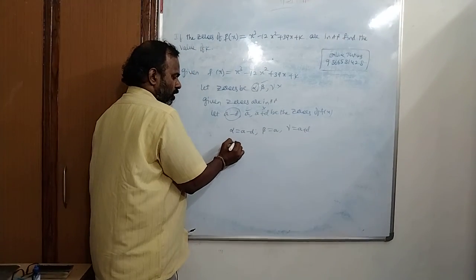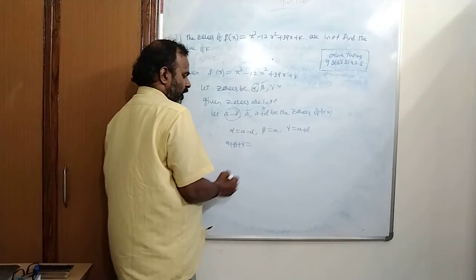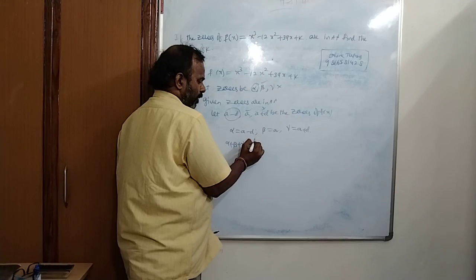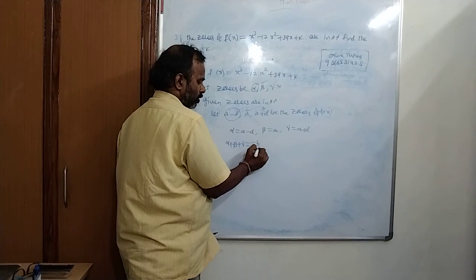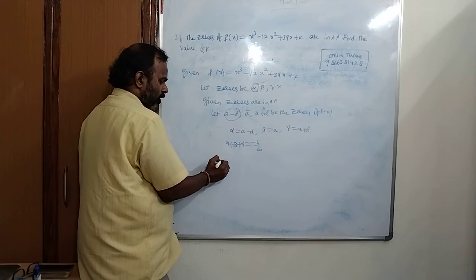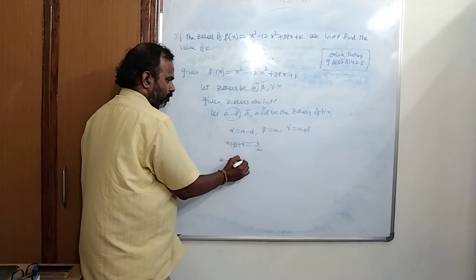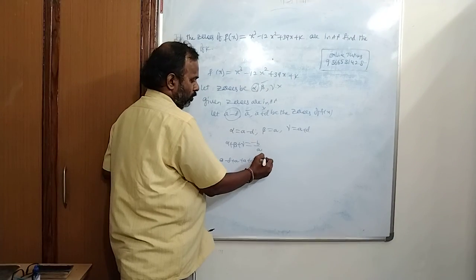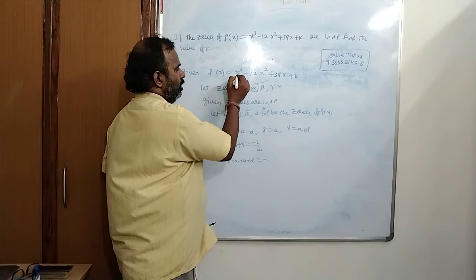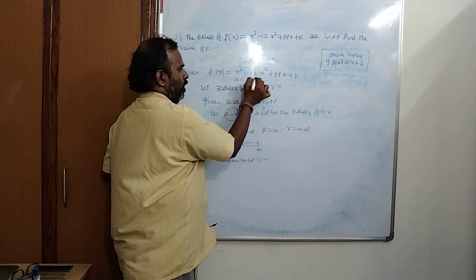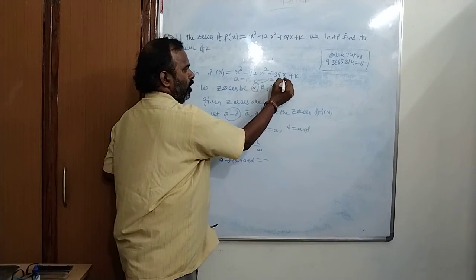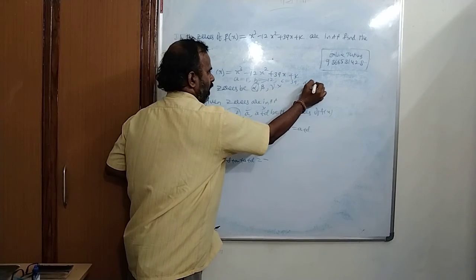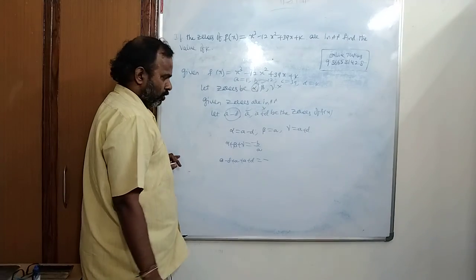So here alpha plus beta plus gamma is equals to minus b by a. So a minus d plus a plus d is equals to minus b. Here a is equals to 1, b is equals to minus 12, c is equals to 39, d is equals to k.